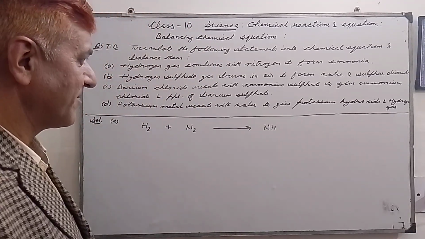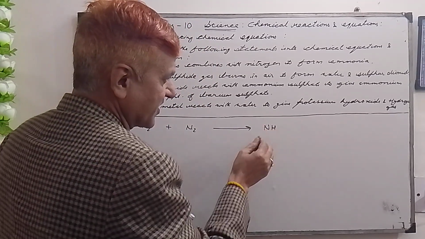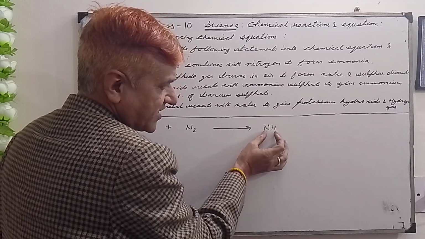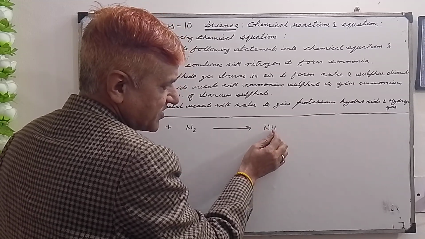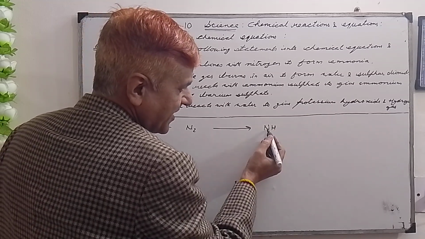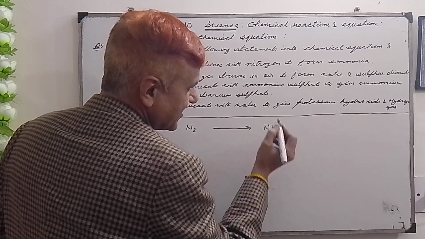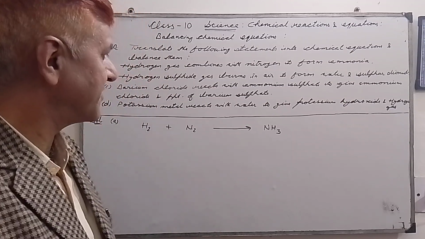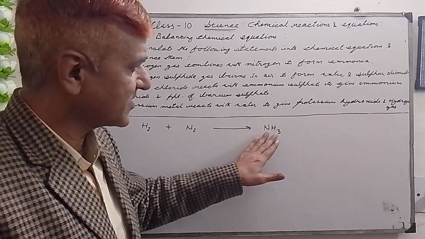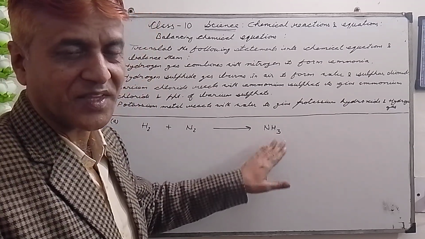Let's write the formula of ammonia. Again, exchange of valencies. Valency of hydrogen is 1 and valency of nitrogen is 3. So this is NH3. The formula of ammonia is NH3.